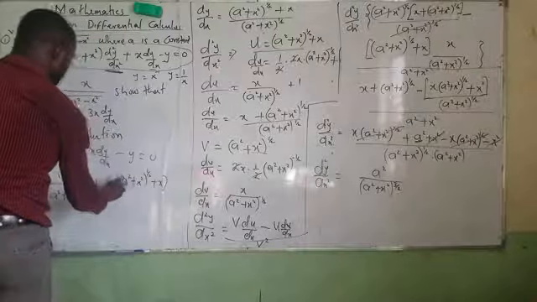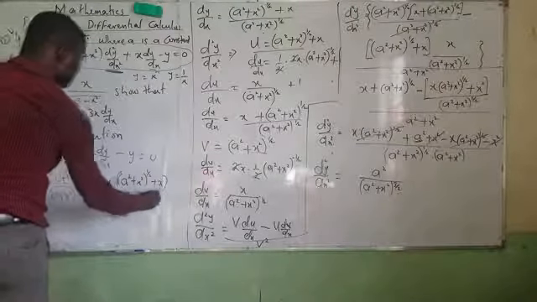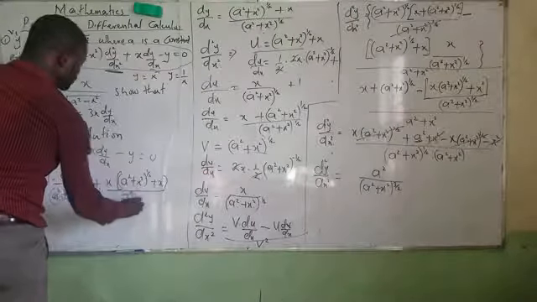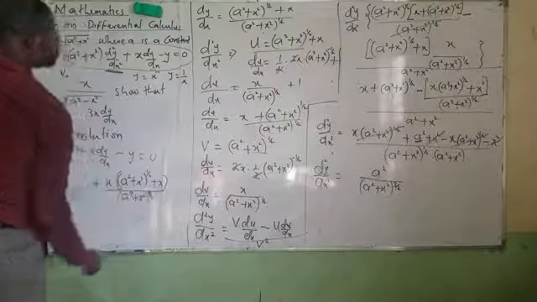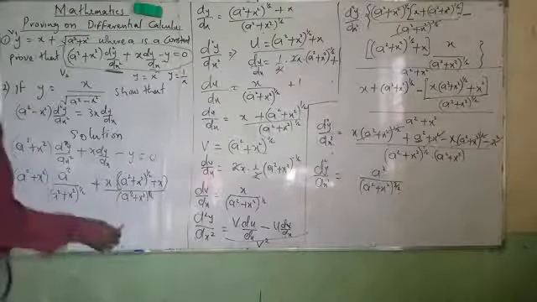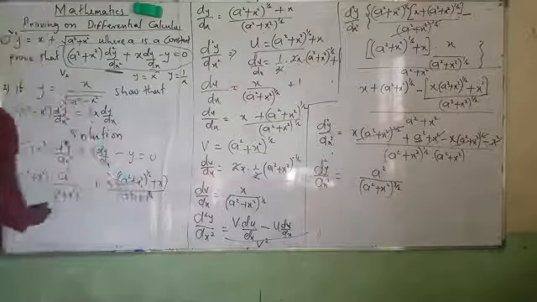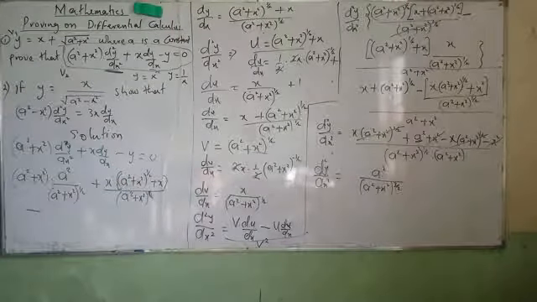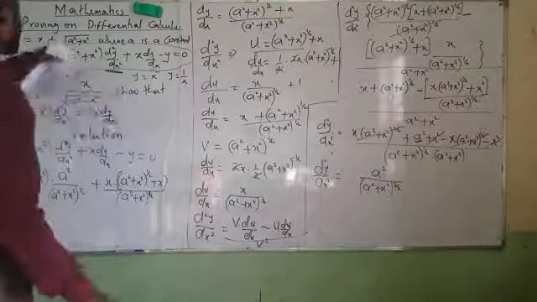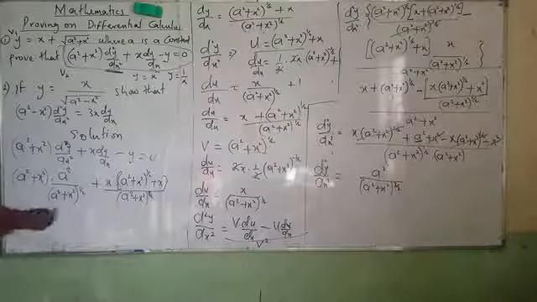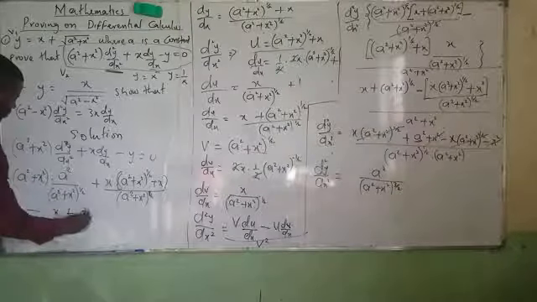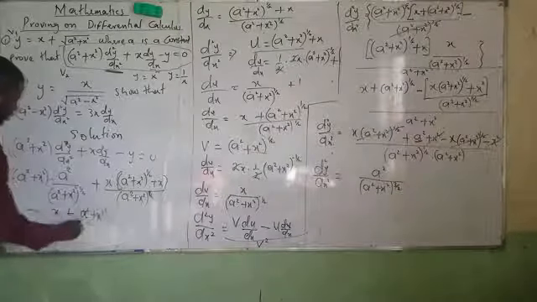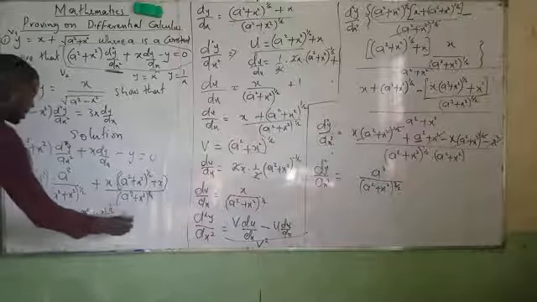Please, at this point, you have to put a big bracket, divided by a squared plus x squared 1 all over 2. And minus y. My y is x plus a squared plus x squared, all bracket of 1 all over 2, will be equals to 0.